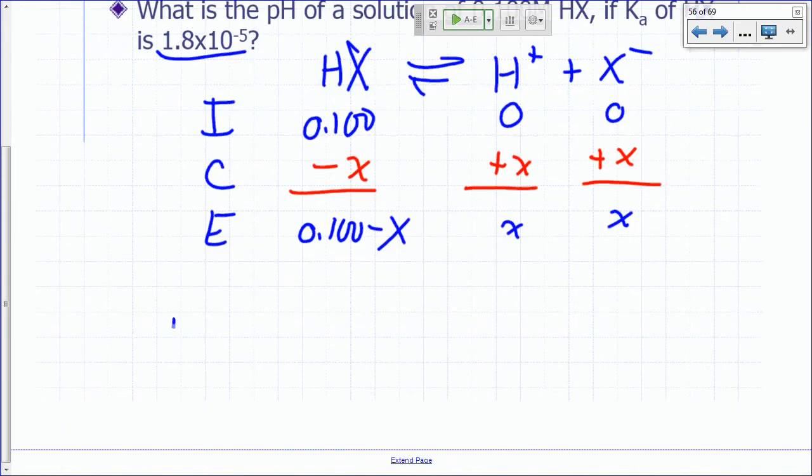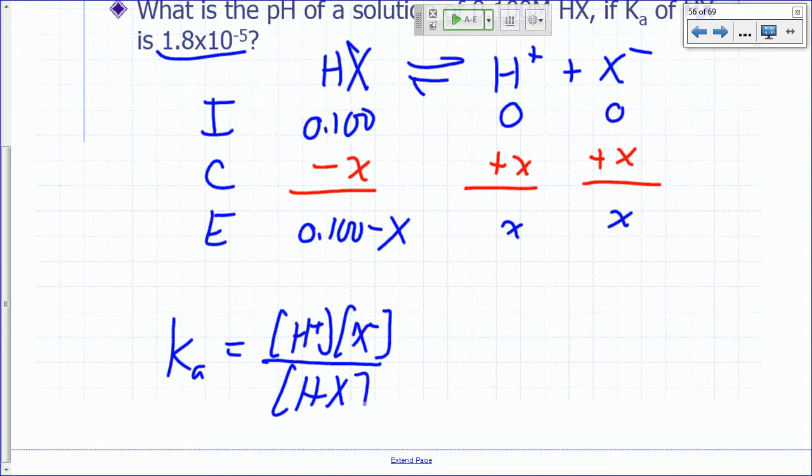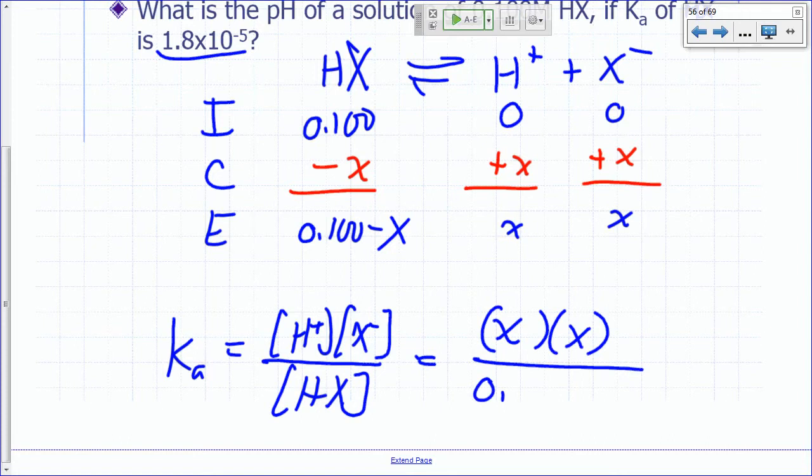I'm going to say that Ka is H plus times X minus over HX. So it's going to be equal to X times X over 0.100 minus X. Okay, and what is my Ka?